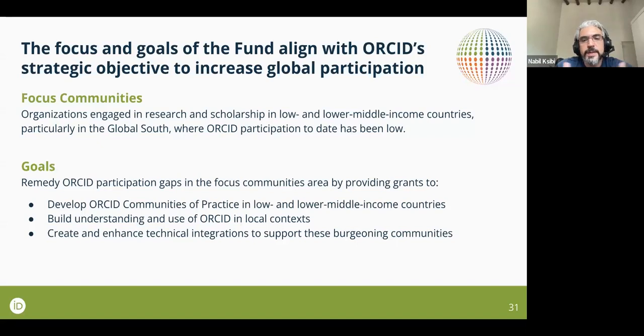We want to increase this adoption, and this is why we created this program. The goals are very simple: developing communities of practice, building an understanding of the use of ORCID, and creating enhanced technical integration to support these communities.